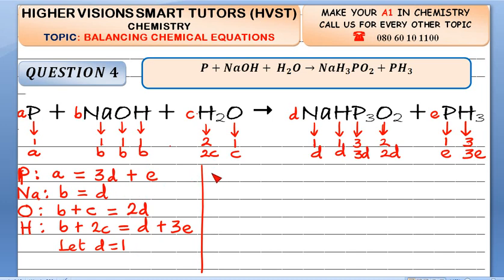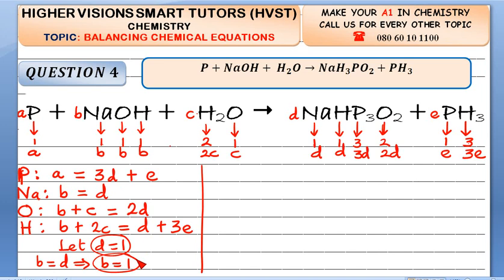For sodium, if D is equal to 1, look at this, B is equal to D. Since B is equal to D, that implies B is also going to be 1, because D is 1. So this one is going to be 1. Okay, this one is an assumption which might change later, and of course when it changes, other values will change correspondingly. Now B is 1.